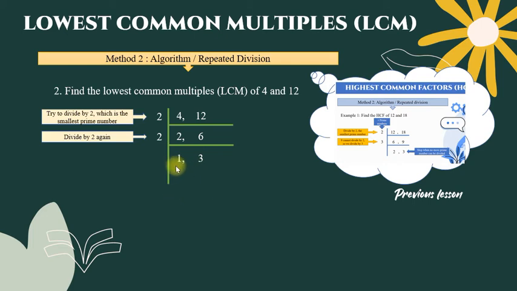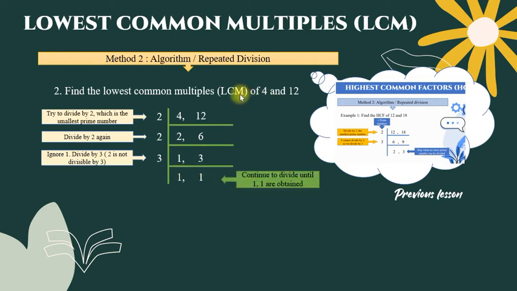Here, 1 cannot be divided anymore, so we ignore it. Because 3 cannot be divided by 2, we divide by 3. 1 cannot be divided by 3, so we just drop down 1. 3 divided by 3 gives 1. So in LCM, you continue dividing until 1 is obtained at the last. Our LCM is 2 times 2 times 3, so the LCM of 4 and 12 equals 12. This is method 2.